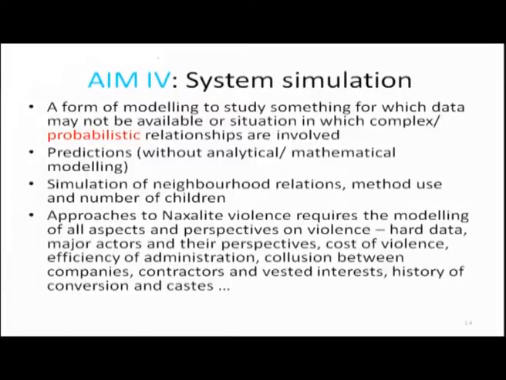You can do simulations of neighborhood relations, method use in family planning, and number of children. Finally, approaches to Naxalite violence will require simulation because lots of variables are involved: major actors, perspectives, cost of violence, efficiency of administration, collusion between companies, contractors, vested interests, castes, communities, history of conversion to Christianity in Naxalite areas, and identities.